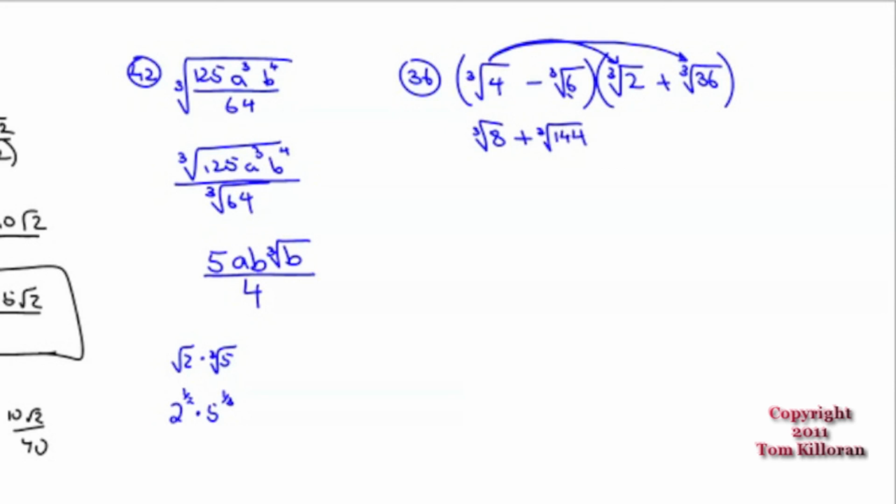Then negative the cube root of 12. And then negative again, cube root of 216. All right, should I leave it? No. Heck no. Cube root of 8.